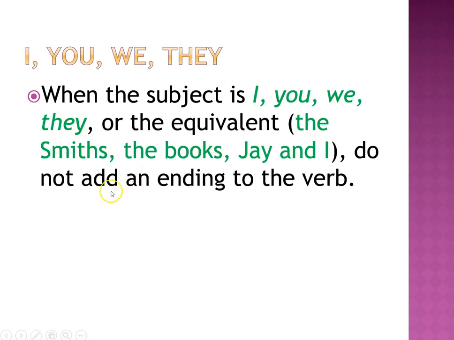Let's take a look at the other four pronouns, I, you, we, and they. If we use one of them as the subject of our sentence, or maybe the equivalent of they or we, such as the Smiths, they, the books, they, Jay and I, we. Remember, we do not add the S ending to the verb. We want pizza for supper.